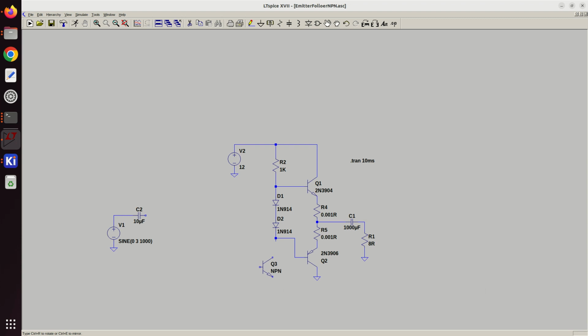NPN, and I'm just going to do this by experimentation. I'm not going to do any of the maths for now. Pick values that seem reasonable, and we can adjust them as we go. So I want to bias this, so we need another two resistors here. And I just move this a little bit as well.